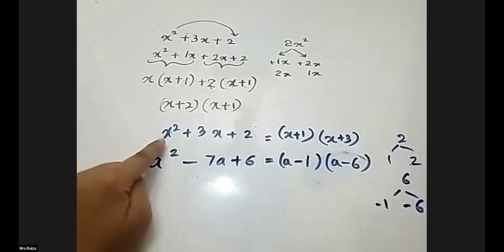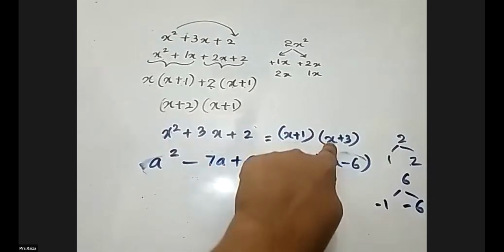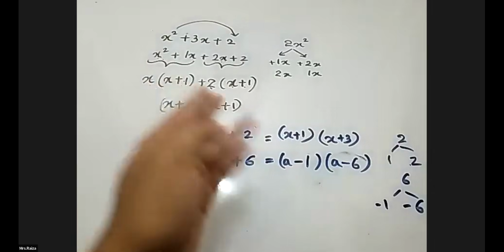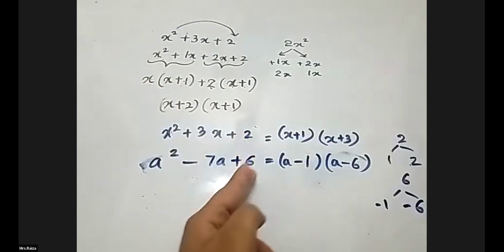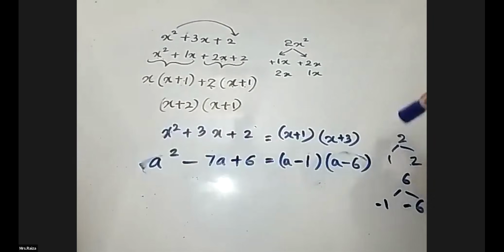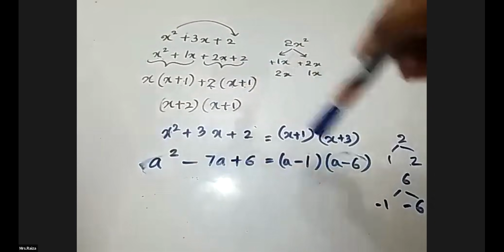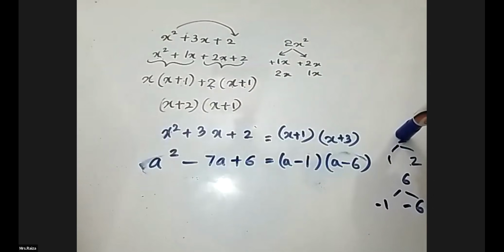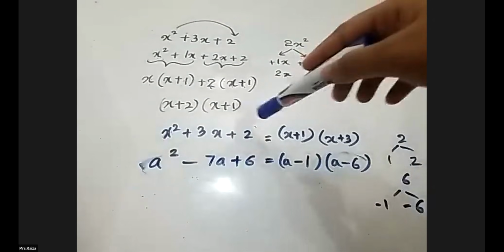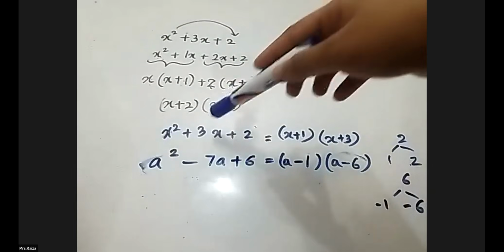So your x squared means x here and x here. Now take the last number 2 and take its factors. Get the factors which give you the addition sum of the middle term. So 1 into 2 is 2. 1 plus 2 is 3. Both should be positive when you want to get the positive 3.